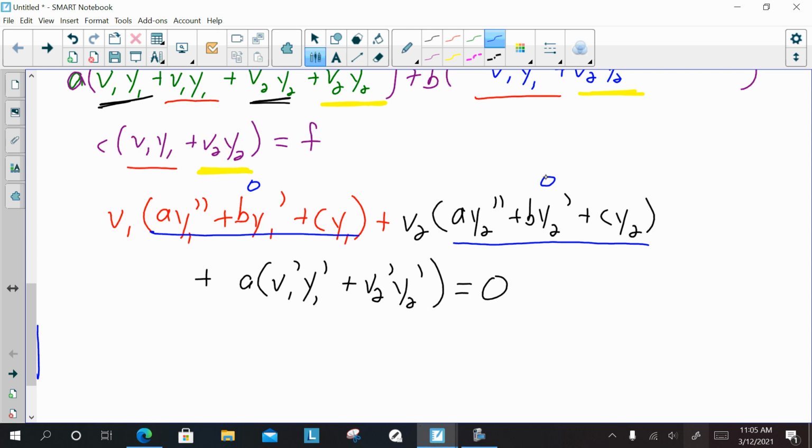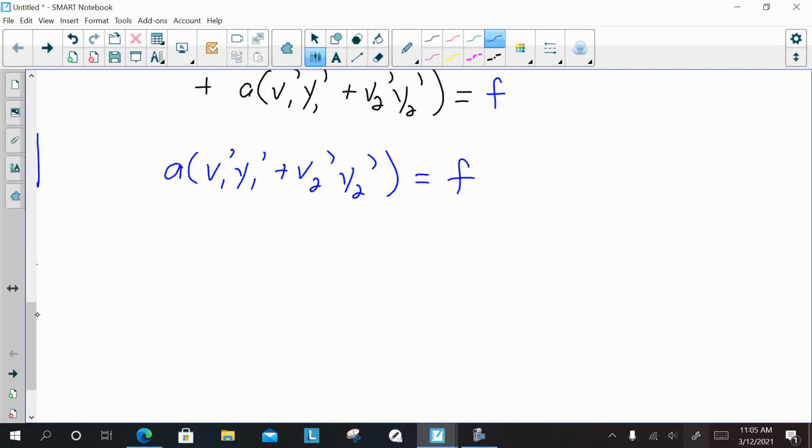Because remember, the homogeneous differential equation has a 0 on the right side, but the same coefficients on the left. So that leaves us with A times V1 prime, and this is not 0 over here. For our differential equation, we have an F on the right side. So we have A times V1 prime Y1 prime plus V2 prime Y2 prime equals F.